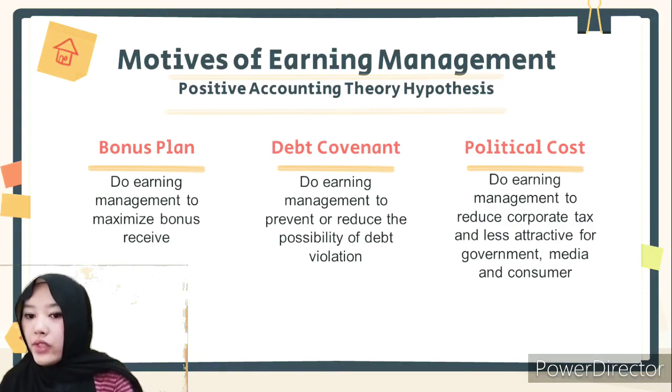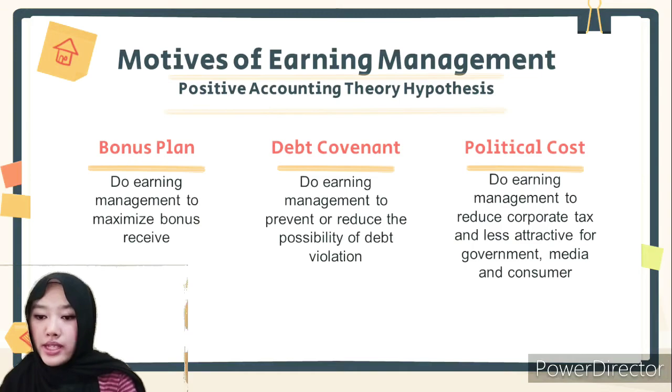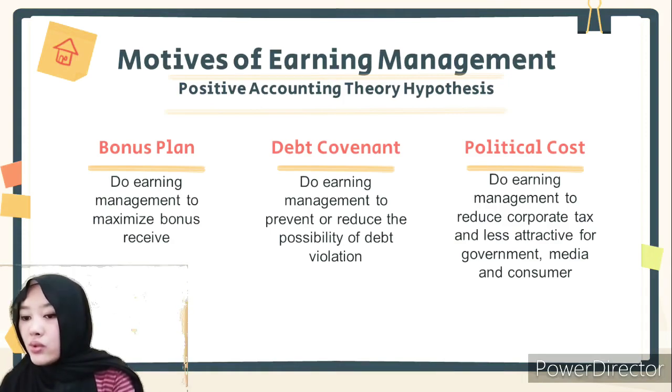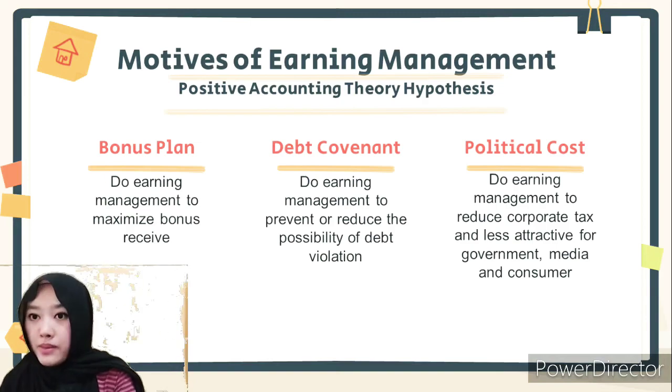And second, if the earnings are too far from the bogey, the manager tends to decrease it and save it for additional bonus in the next period, as long as the current earnings are still positive. Furthermore, if earnings are between the bogey and cap, managers tend to increase it to optimize the bonus they receive.